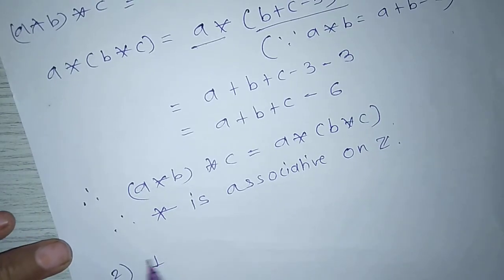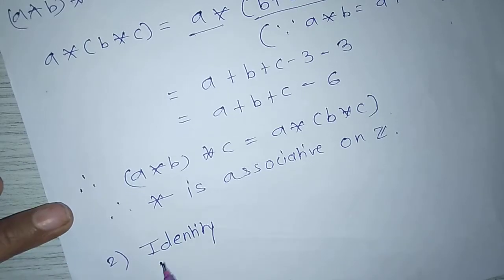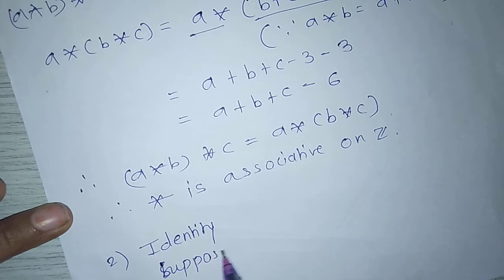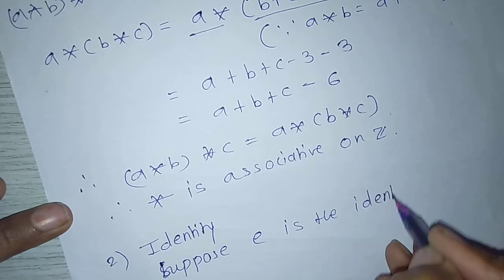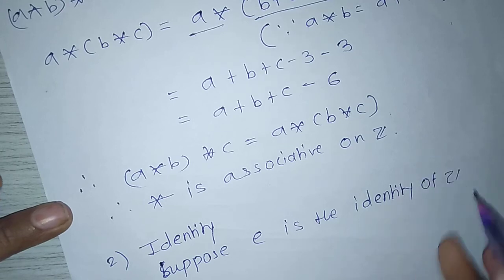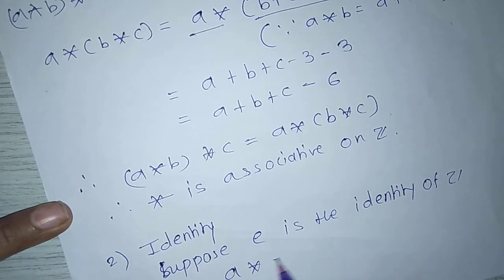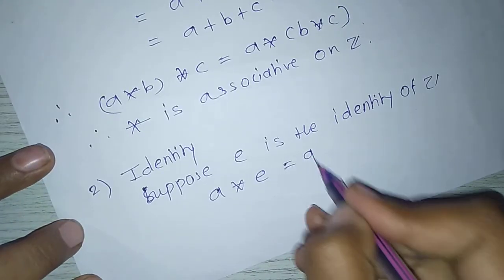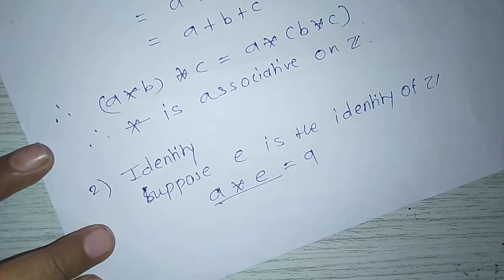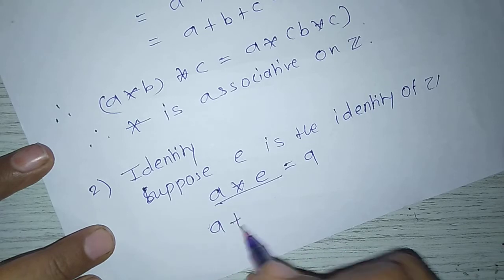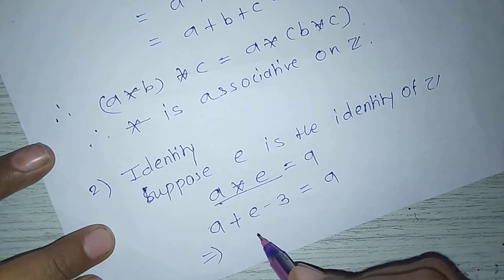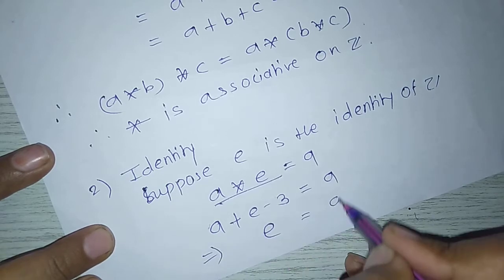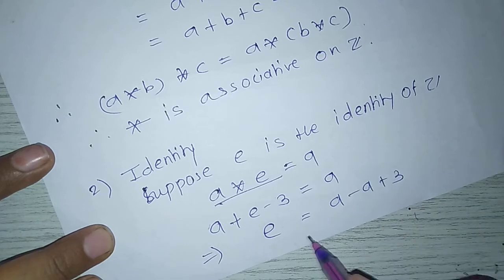Next, identity. Suppose E is the identity of Z, therefore A star E equals A. By definition of star, A star E equals A plus E minus 3 equals A, which implies E equals A minus A plus 3.